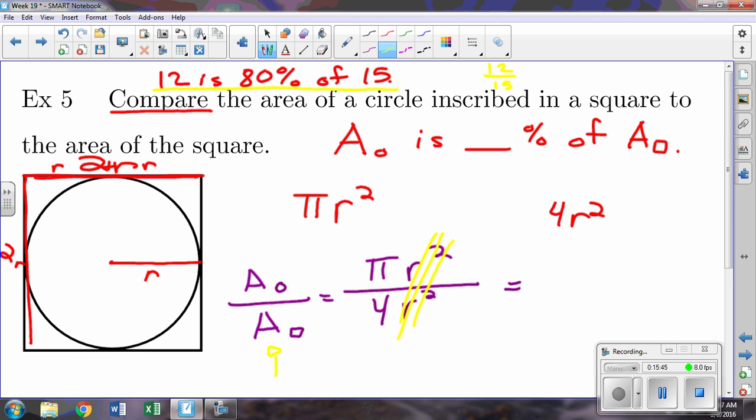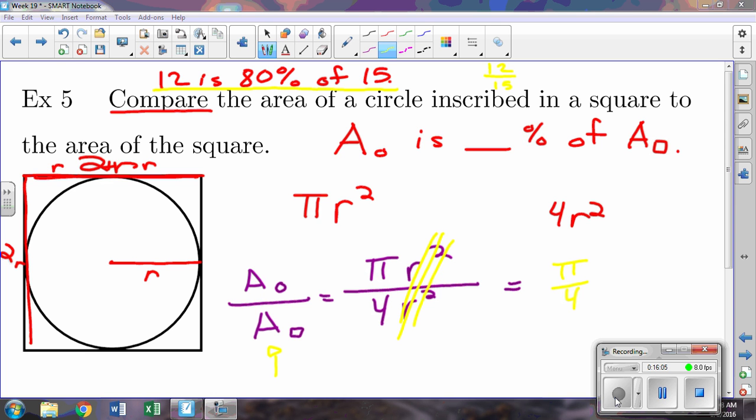And so our percent is pi over 4, but it's just not written in decimal format. Let's grab our calculator. What's pi divided by 4, written as a decimal?